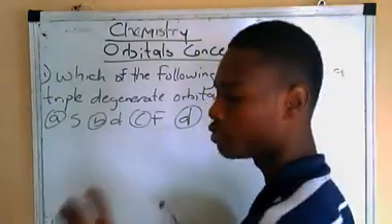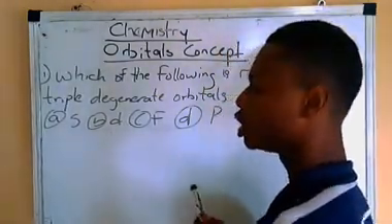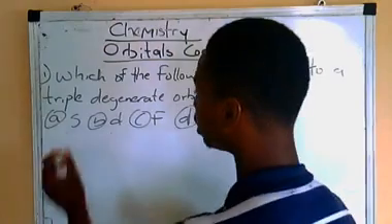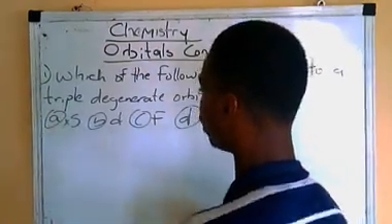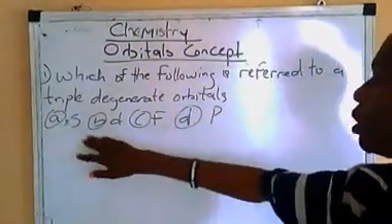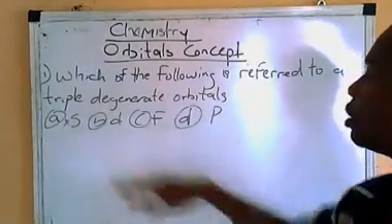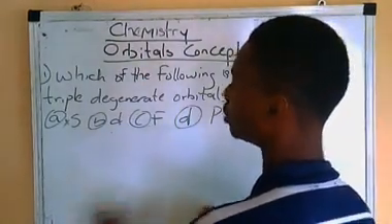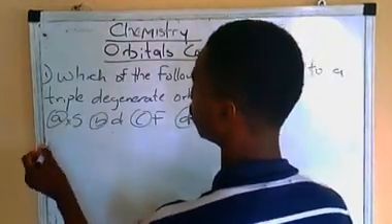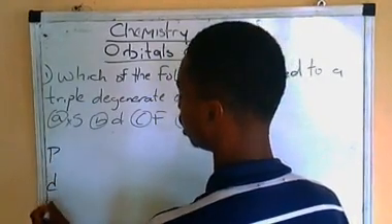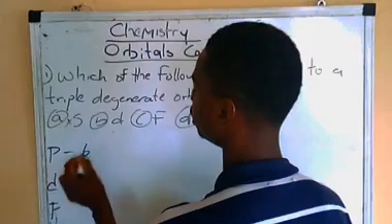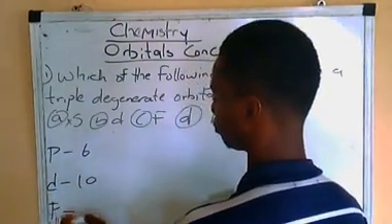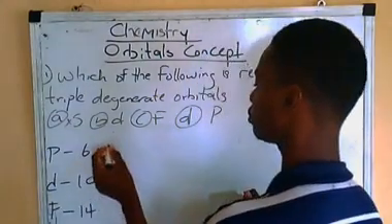Now let's check for the degenerate orbitals. Degenerate orbitals are orbitals that can be split. S block cannot be split, so cancel s block. P, d, and f blocks can be split. P is 6, d is 10, f is 14.